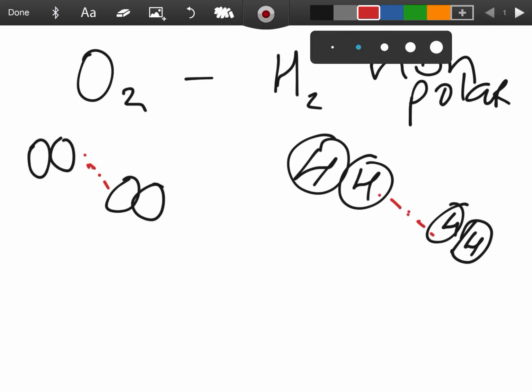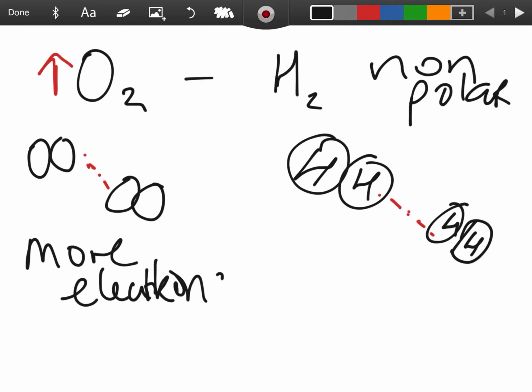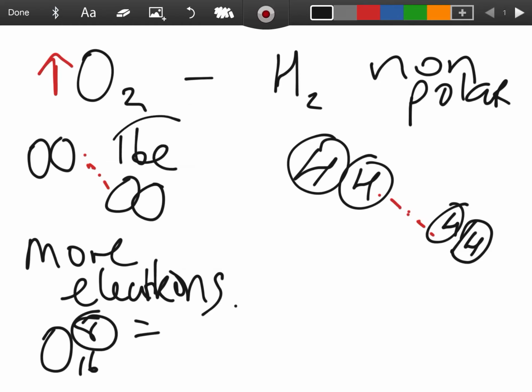So how do you explain that oxygen's boiling point is so much higher than hydrogen's? Well, you're going to have to say that oxygen molecules have more electrons. If you look up oxygen on the periodic table, you'll see 8 and 16. 8 is the atomic number, which tells you the number of protons, and remember that you have the same number of electrons if it's an atom. So 16 electrons for the oxygen molecule, 8 and 8, and here you've 1 and 1, so there's only 2 electrons.